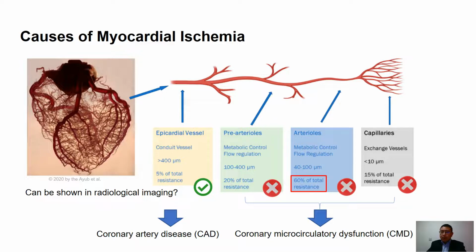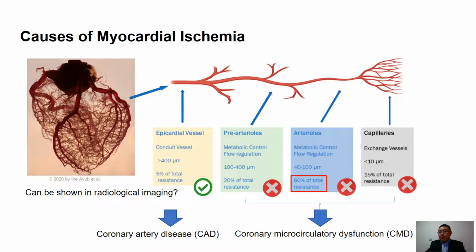As we can see in this red rectangle, the arterioles account for more than 60% of total resistance. Finally, the arterioles extend to capillaries, which further connect to venules and veins at the distal end. The prearterioles, arterioles, and capillaries constitute the coronary microcirculation.